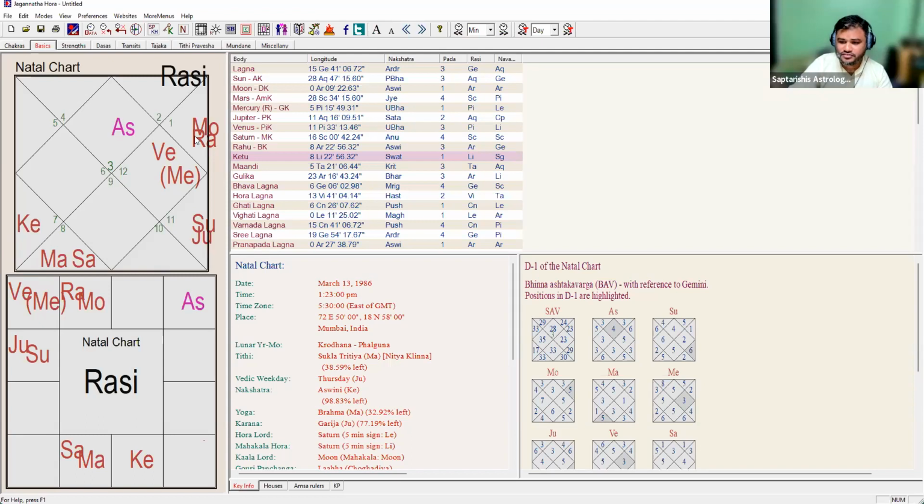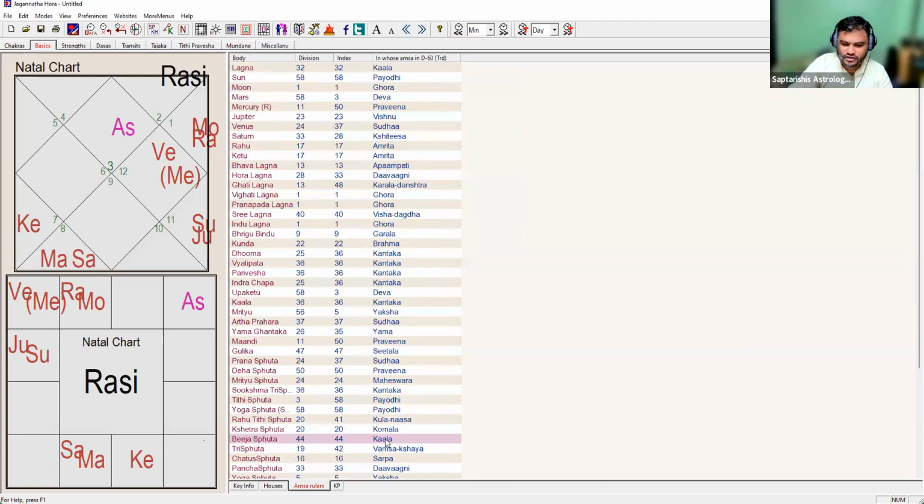That is not possible for this chart. Why? If you see this again, Bidasputa, there are 2 things: Kshetrasputa and Bidasputa. These 2 concepts are important for childbirth. Bidasputa is especially for the male native. There is a calculation for it.